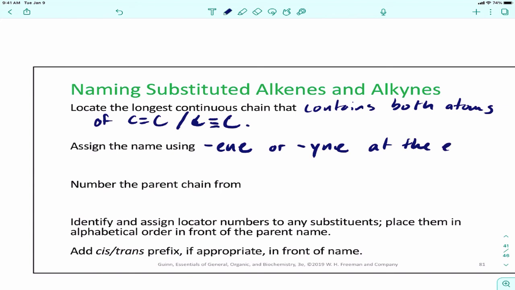At the end, we number the parent chain from the end closer to the double or triple bond, and provide the locator.